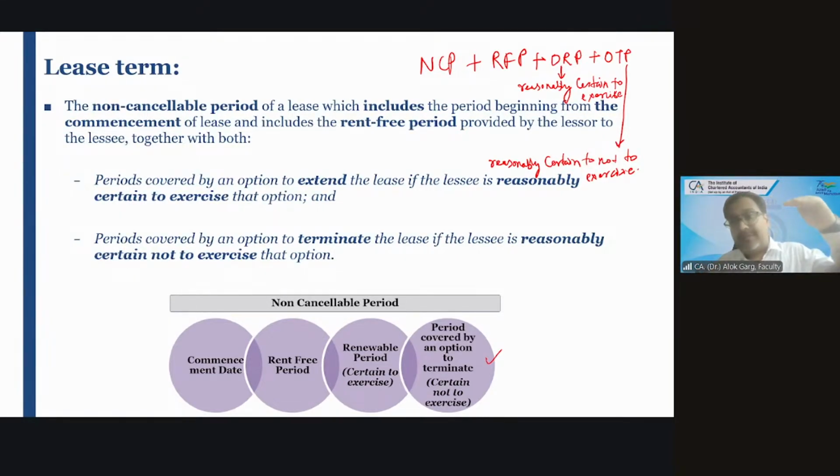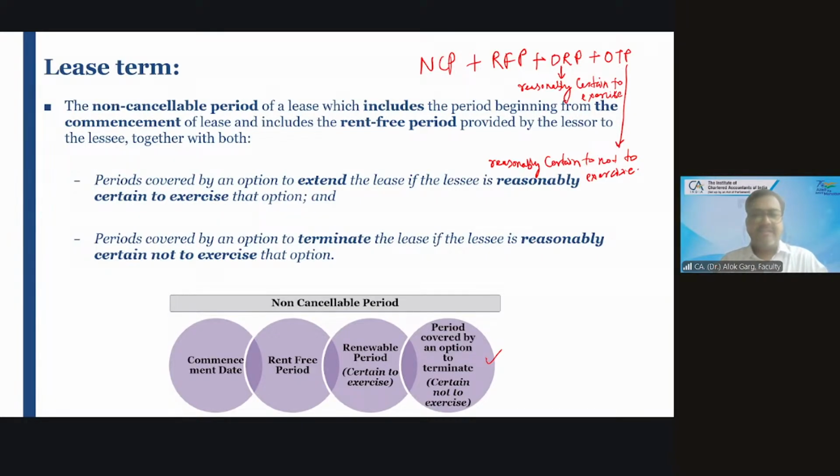Assuming 1st April 2025 is the commencement date, financial year 25-26 is the rent-free period, and from financial year 26 to financial year 31, the rent payment period is there. So when you do the accounting for right of use asset and lease liability, you have to do the accounting from the commencement date. And what is the commencement date? 1st April 2025, right?